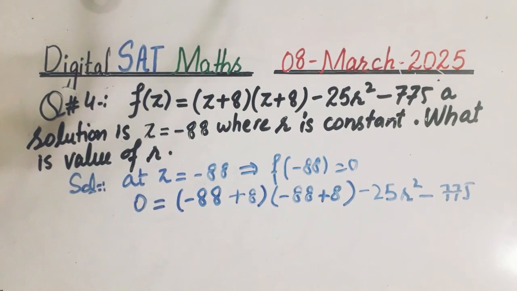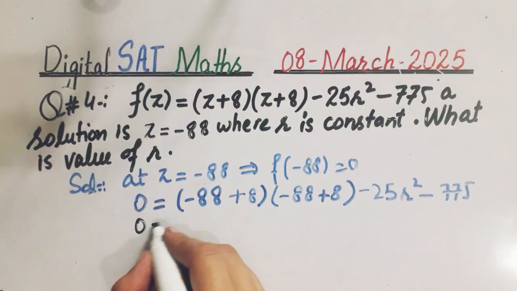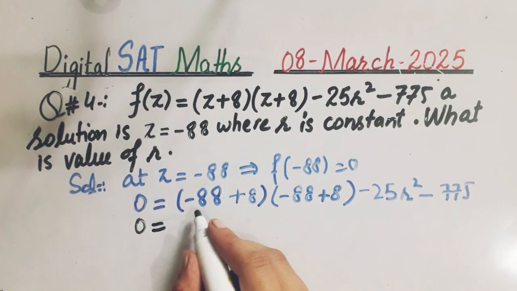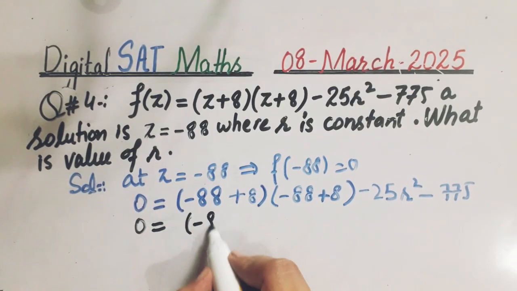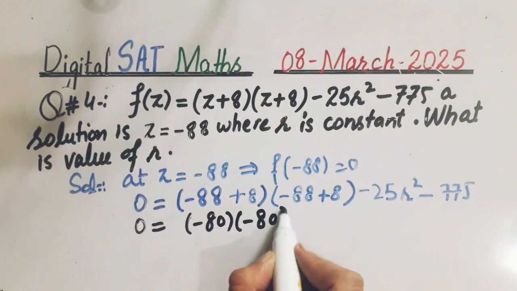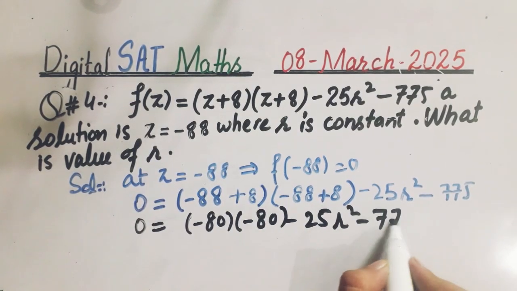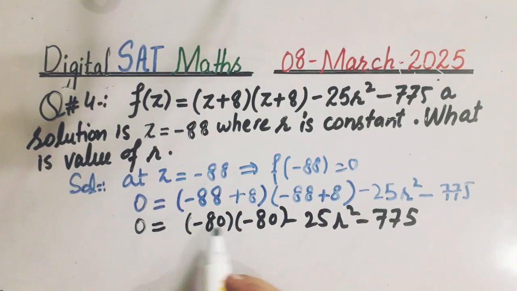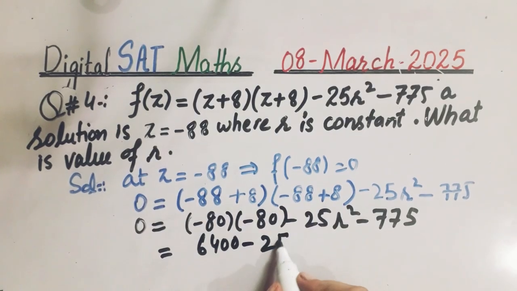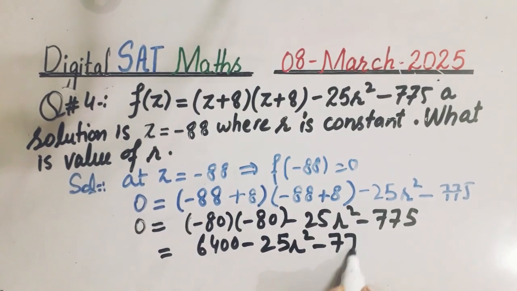So we have 0 equals minus 80 into minus 80 minus 25 r square minus 775. Minus minus plus, 80 into 80 will be 6400, and 6400 minus 25 r square minus 775, that equals 0.